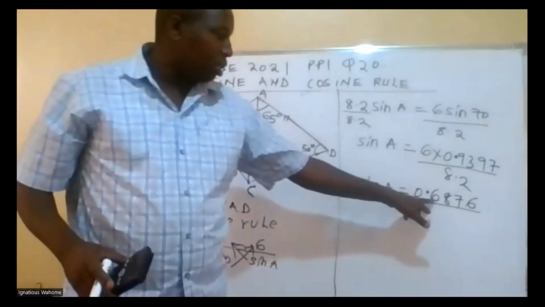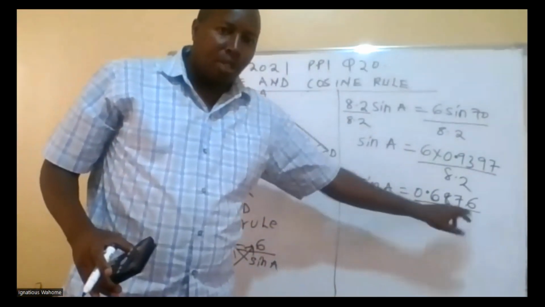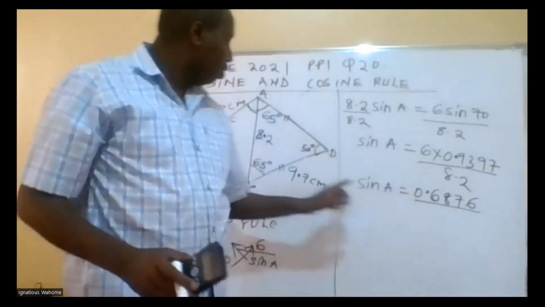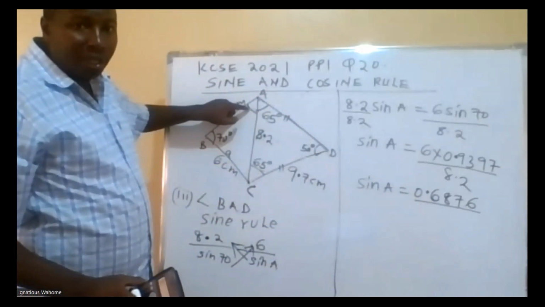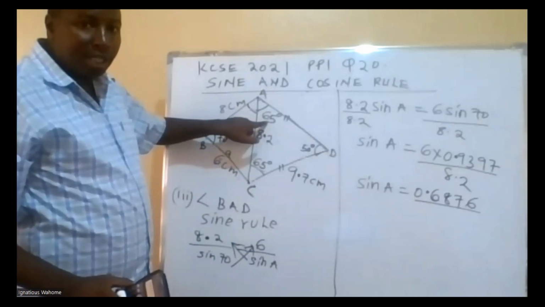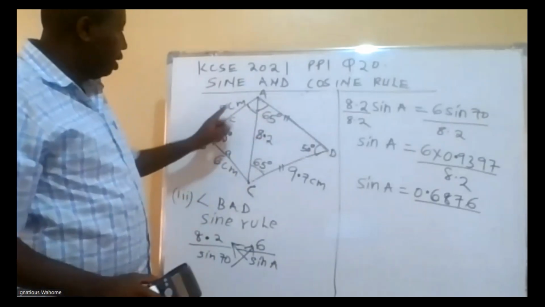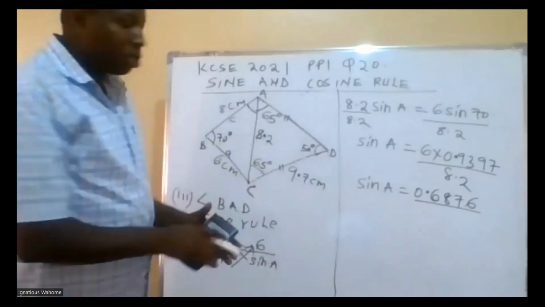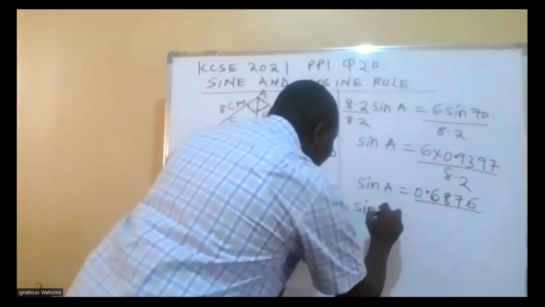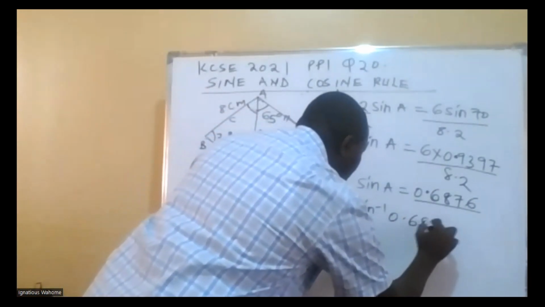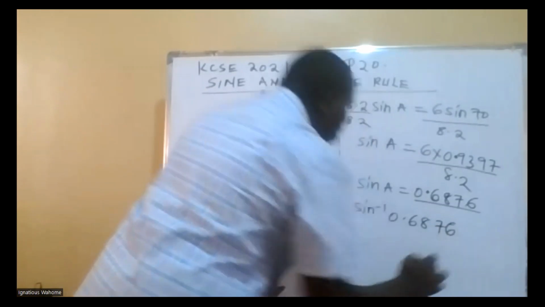So 0.6876. You want to find the value of this angle so that you can add it to 65 to answer the question BAD. So you find the sine inverse of 0.6876.